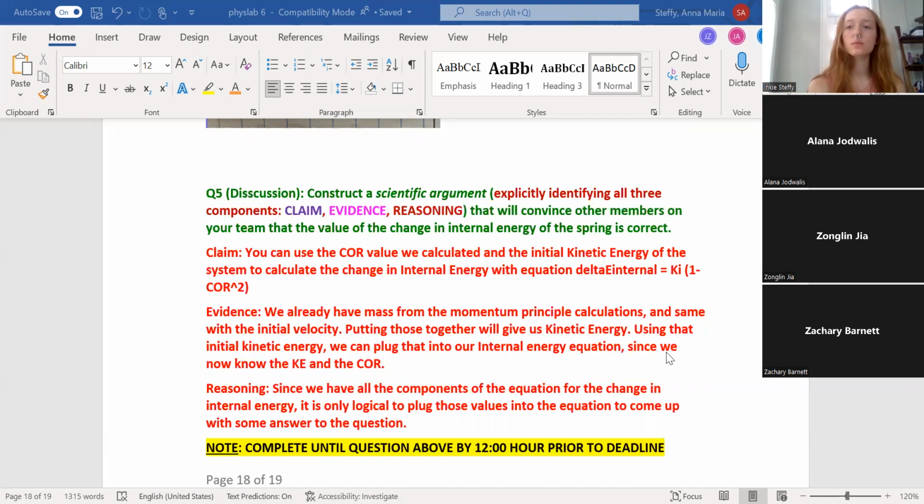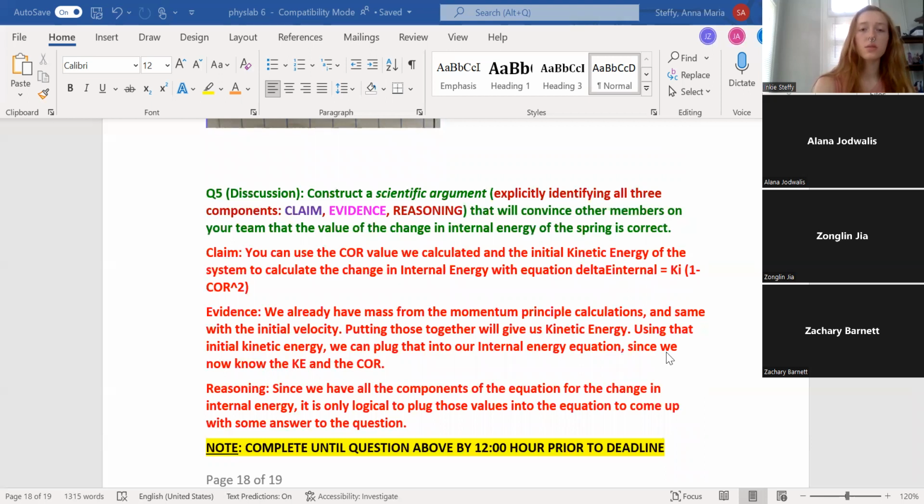And I used the initial velocity, which is important to specify, to find the initial kinetic energy. And then I plugged the initial kinetic energy into the change of internal energy equation, which is delta E internal equals the initial kinetic energy times 1 minus COR squared.